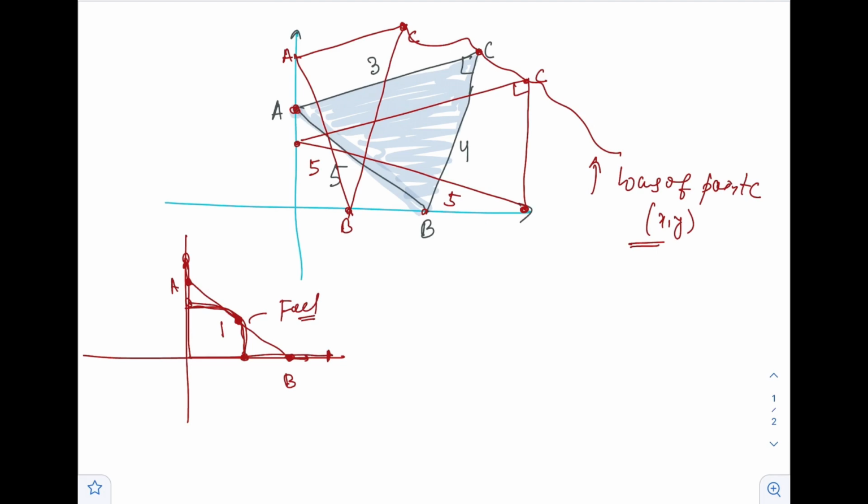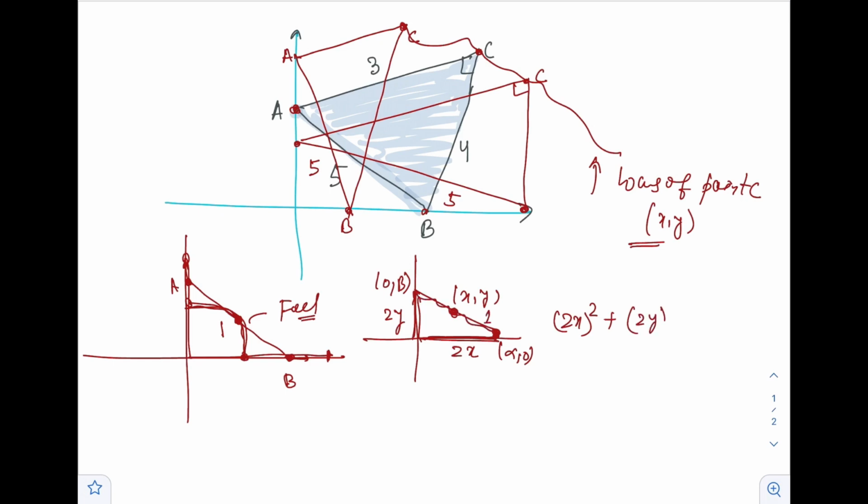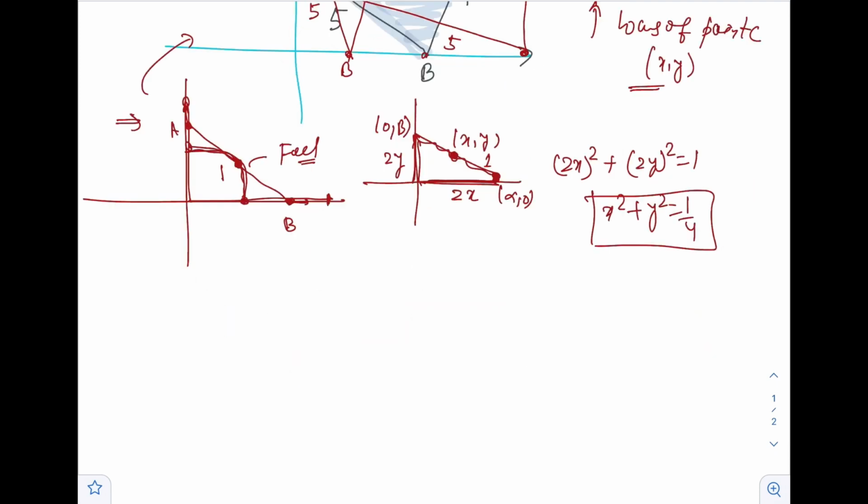Mathematically, you can take the midpoint to be x comma y, with the endpoints at alpha comma 0 and 0 comma beta. Using the midpoint formula we get 2x and 2y. If we square and add, the length of the ladder is fixed, it's a non-elastic ladder, and that will give x square plus y square equal to 1 by 4. So these questions we have already done before.